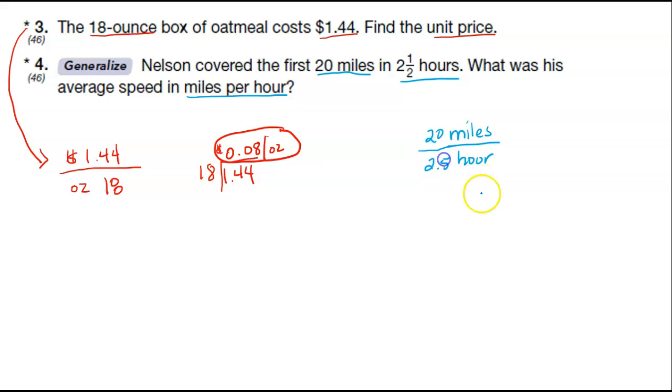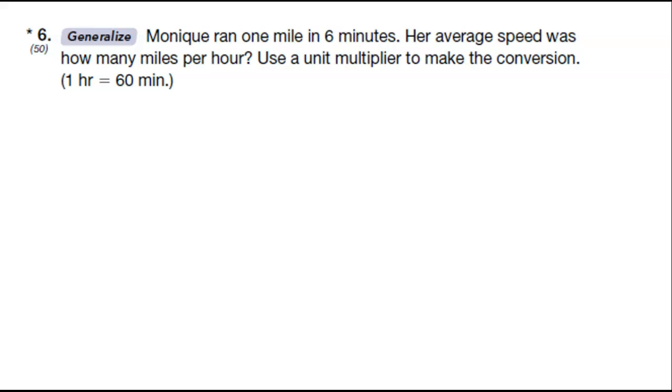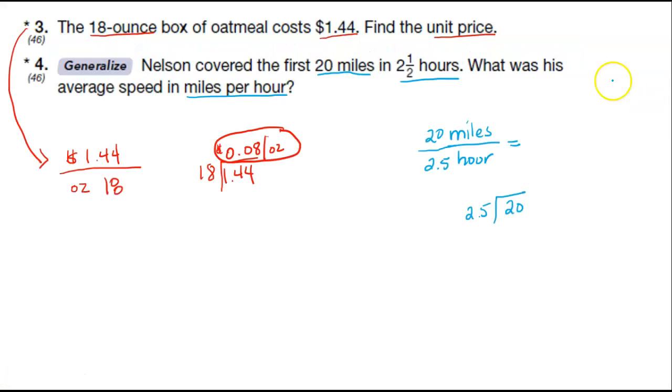So I'm going to divide 20 by 2.5 to get his miles per hour. So 20 divided by 2.5. 8. So we have 8 miles per hour.